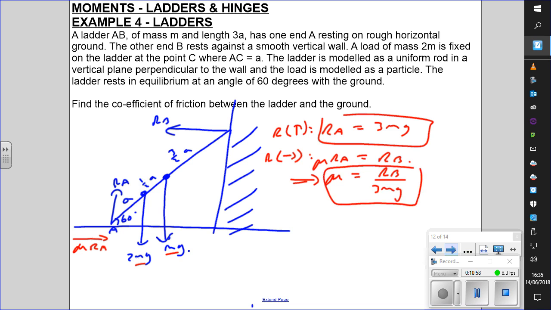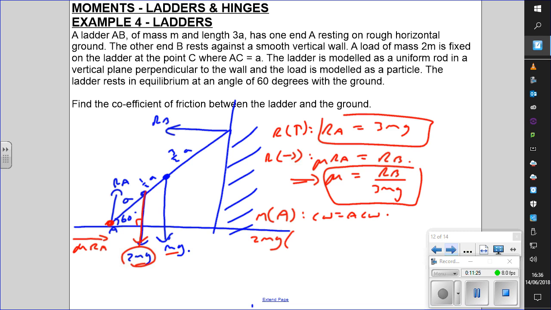So now we have to take moments, don't we? Because we've only got two equations, we've got three unknowns. So I'm going to take moments around A, exactly, because A has the most forces acting on it. So let's go clockwise and anti-clockwise. So the clockwise forces, my first one, 2mg is my force. I draw it past the pivot, so there's the pivot.